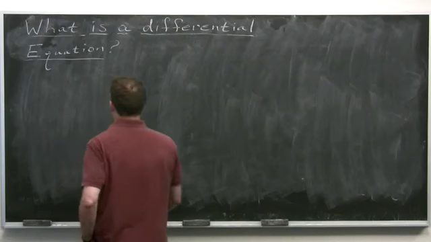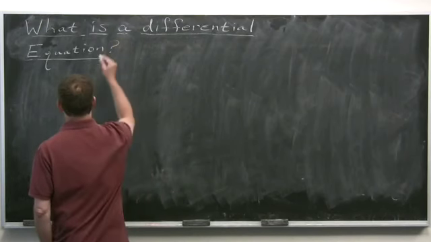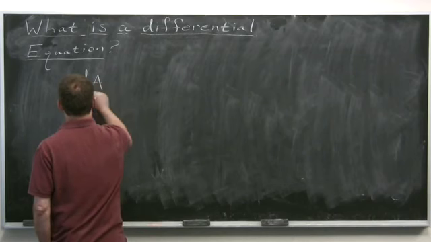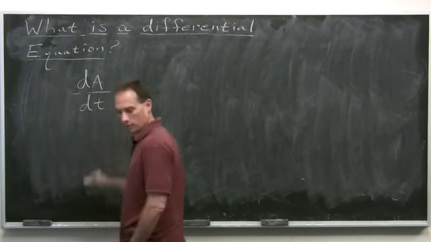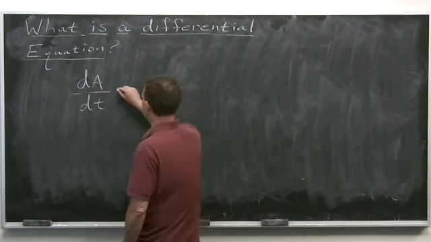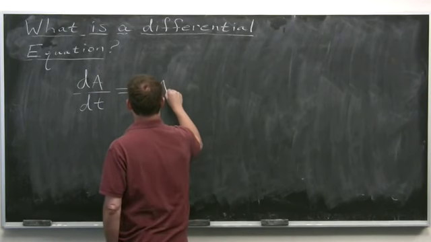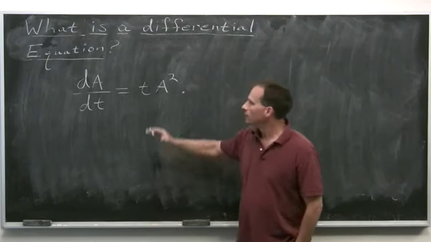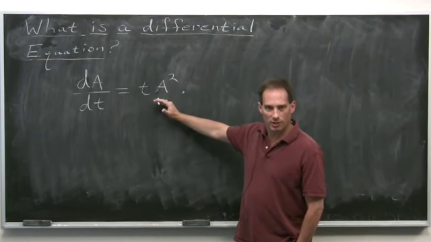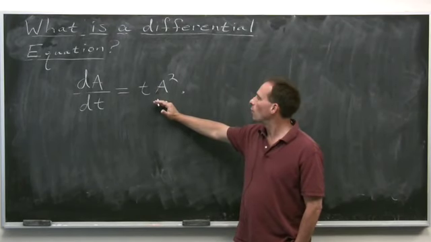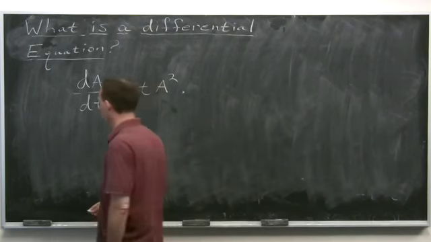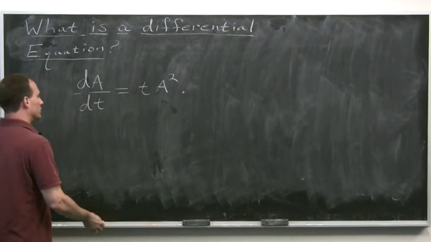Well, the easiest thing to say is it's an equation with a derivative in it. So let's look at dA/dt equals t times A squared. This is an example of a differential equation. What does the solution to it mean?